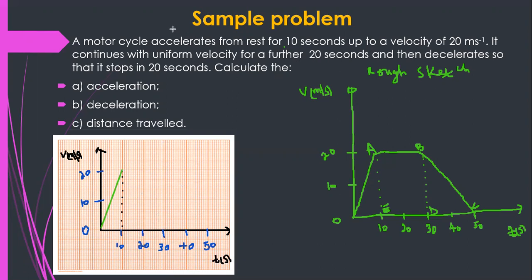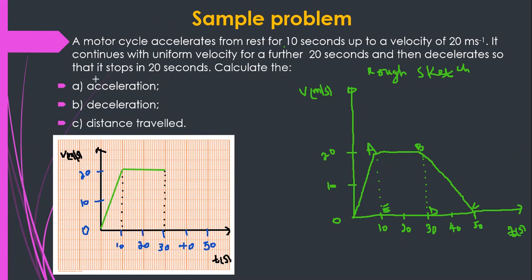So let's use broken line for it again for clarification. So that is where we have our uniform velocity or constant velocity for the motorcycle.